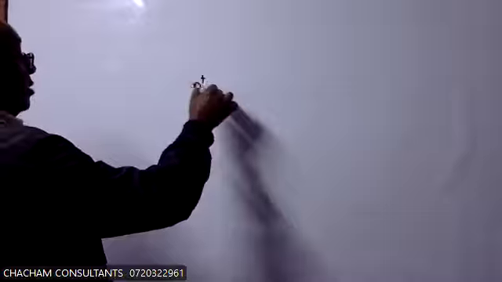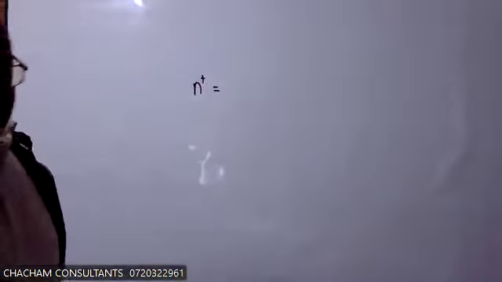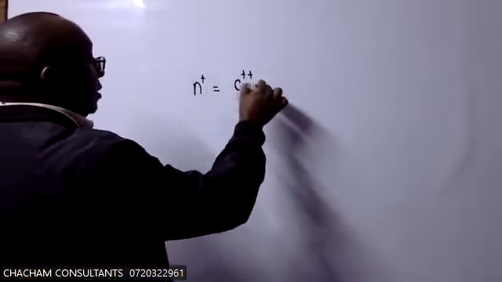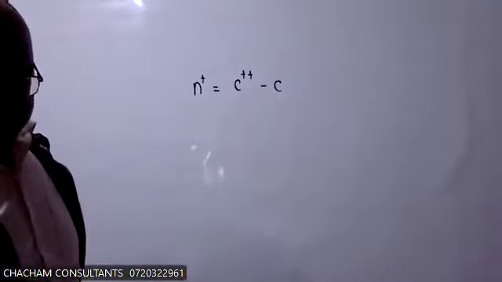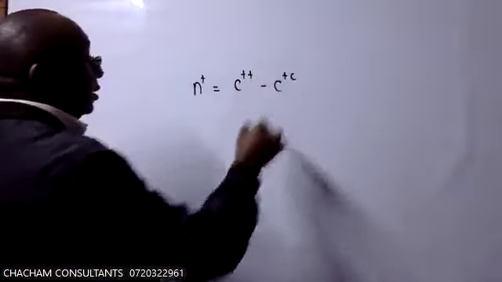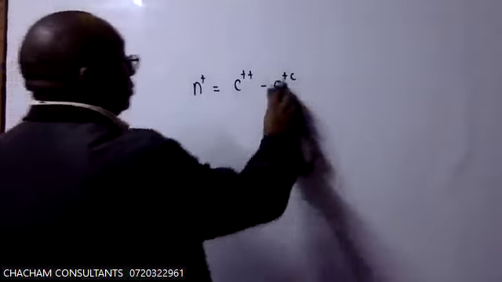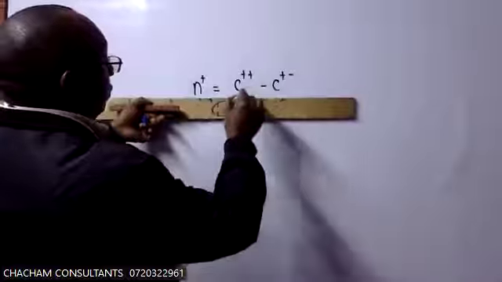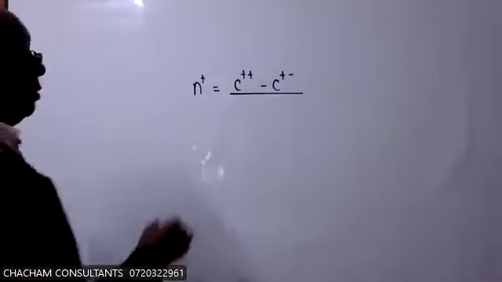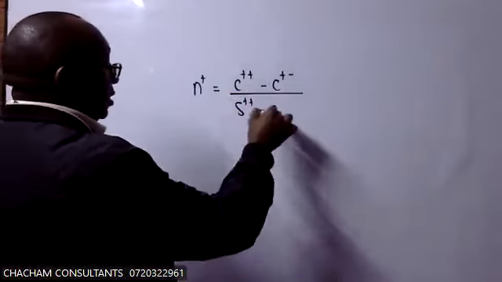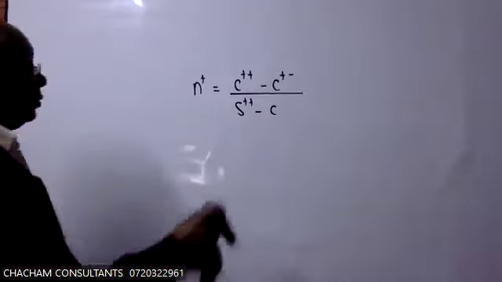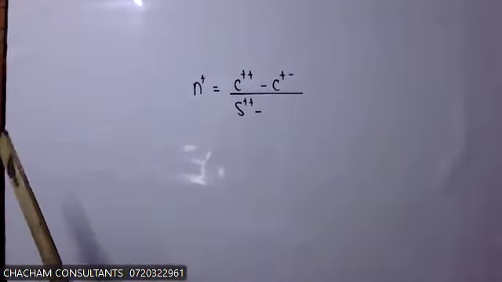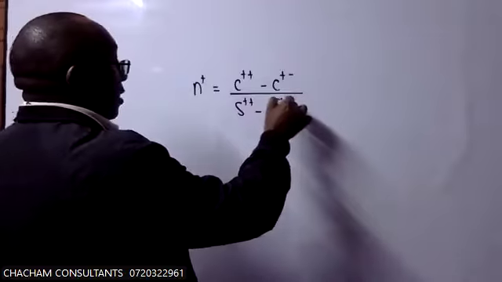So for two periods, N plus will be given as C plus plus minus C plus minus, you divide by S plus plus minus S plus minus.